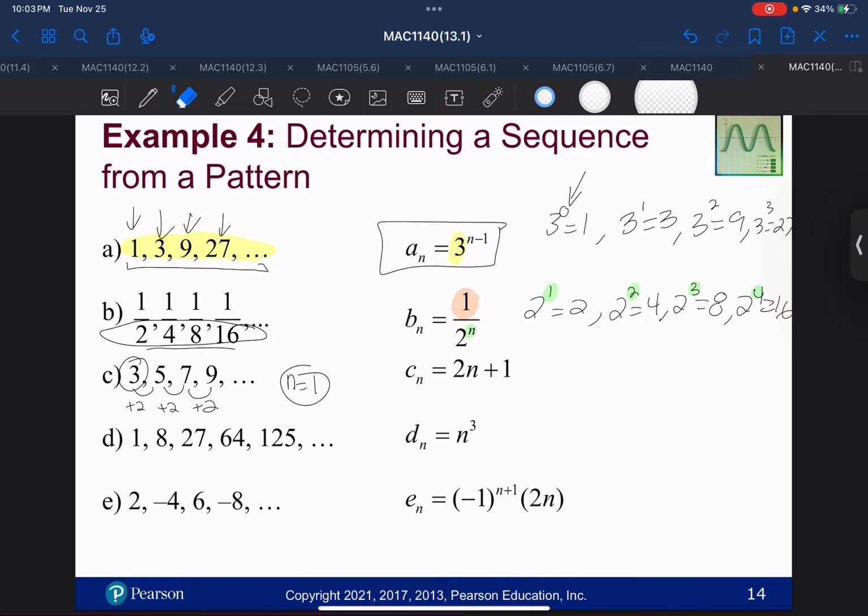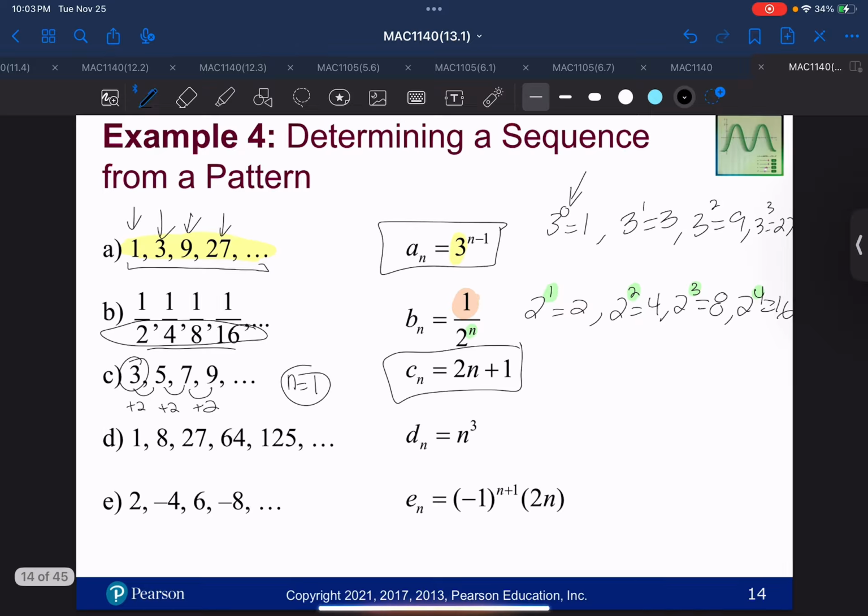That is the pattern, but we also need to think about how we can start it with n equal to 1 and get the first one to equal 3. So this would be 2n plus 1. And then the next one, 1, 8, 27, 64, 125. These are all cubes.